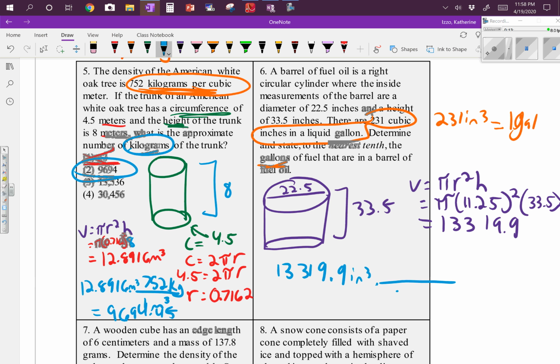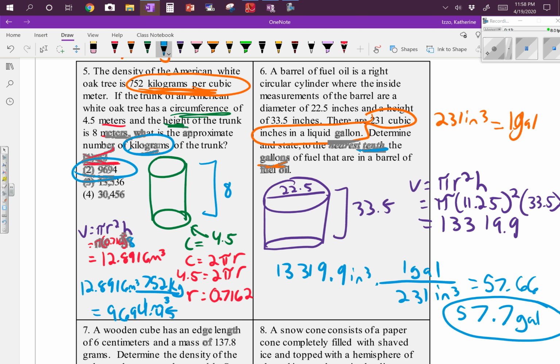So then we do 231 inches cubed over 1 gallon. Notice in this case, we're not just multiplying by the 231, we're actually dividing by it. So your answer should be 57.66, nearest tenth, 57.7 gallons.